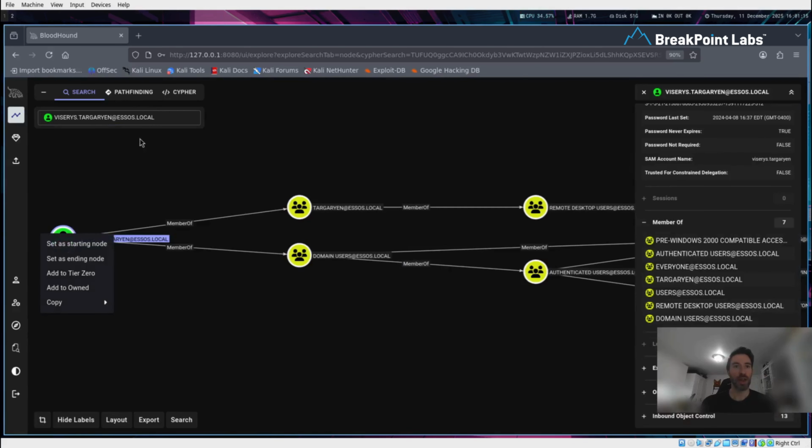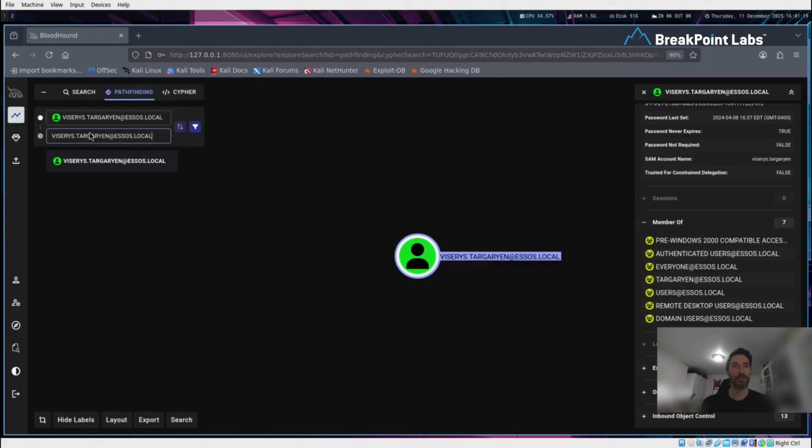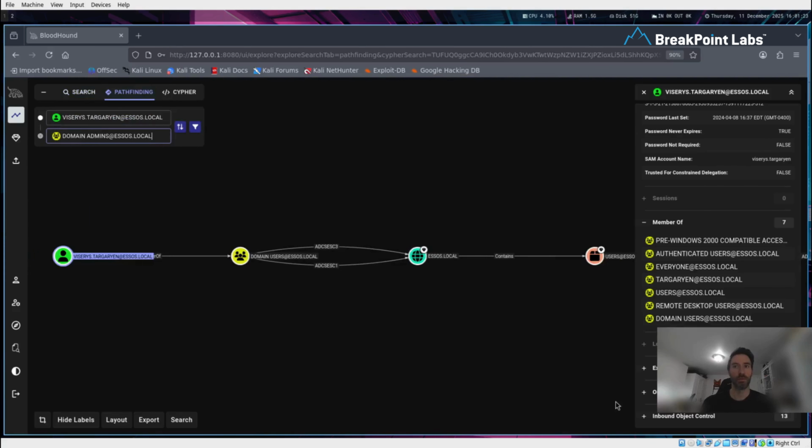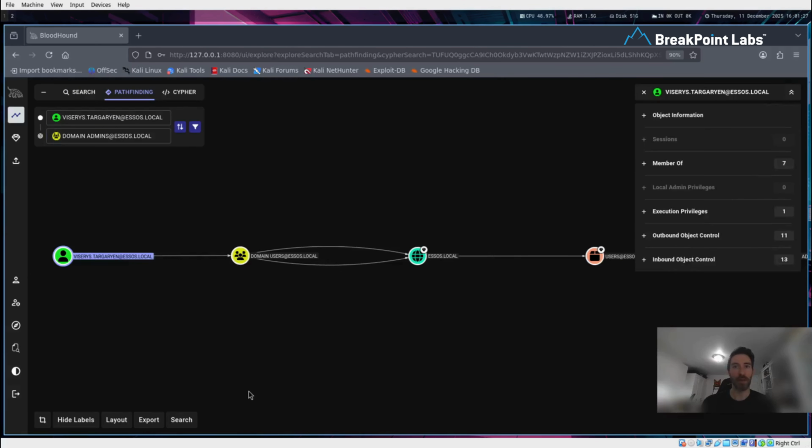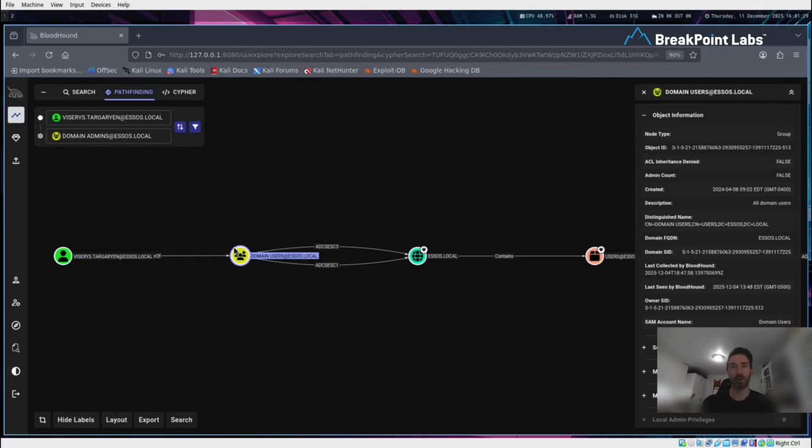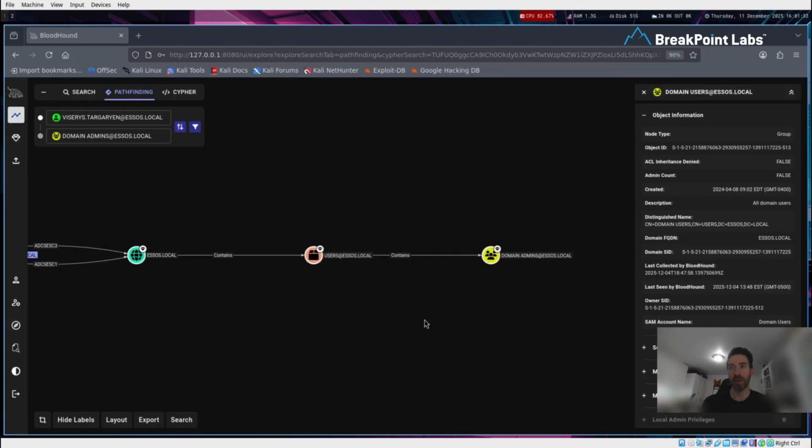But let's go ahead and just see how long it takes to get from this user to domain admin. We can see here that they are a member of the domain users group, and the domain users group has ADCS rights over the domain, which would put them into the domain admins group.